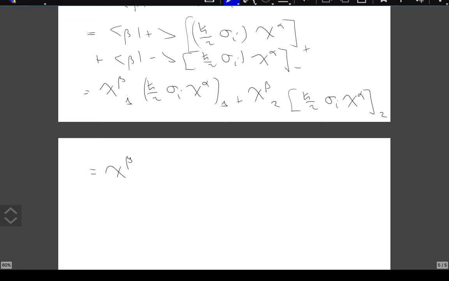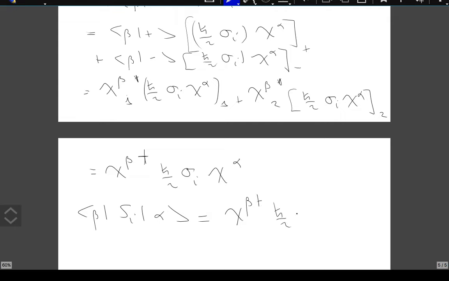This is nothing but chi beta transpose, well, let me put the complex conjugate also here, so this is dagger, times h bar over 2 sigma I chi alpha. So basically the matrix element of Si between these two states is nothing but: take the matrix corresponding to the first one, dagger, h bar over 2 sigma I, the second one.